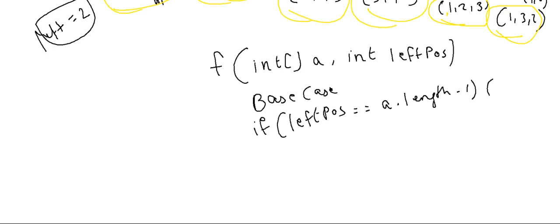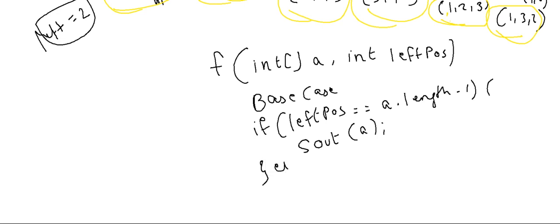In this case, this array will have that permutation, so we can print or save it, whatever you want to do. So that's our base case.